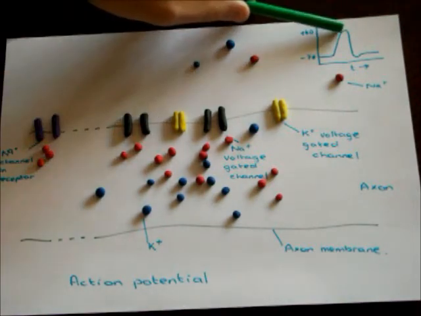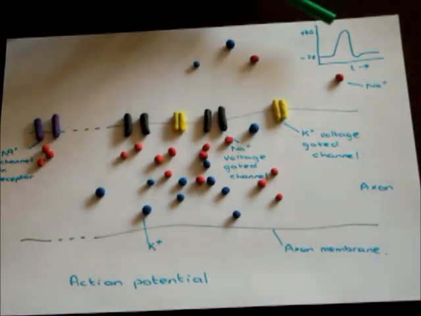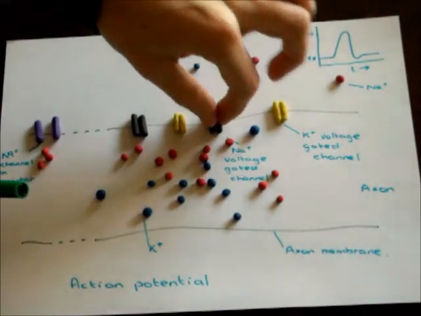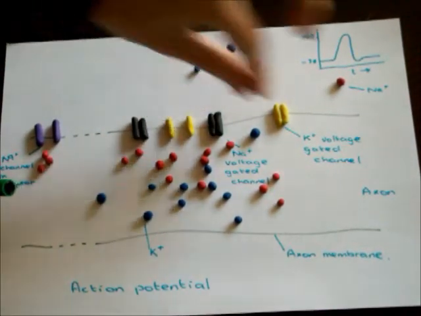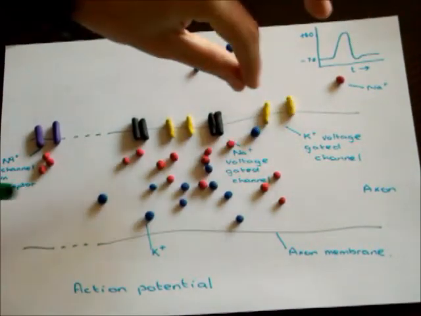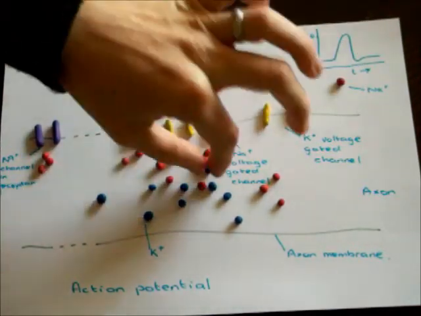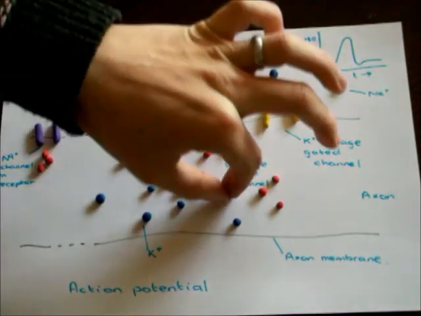At this point, about 0.5 milliseconds after the start of depolarization, the sodium channels close and the voltage-gated potassium channels open, allowing potassium, which is highly concentrated inside the axon, to diffuse rapidly out of the axon to the outside of the membrane.